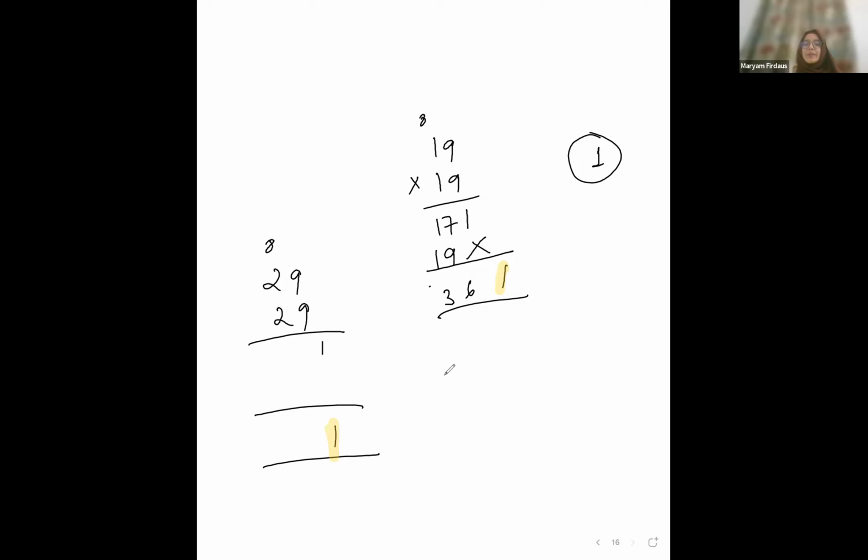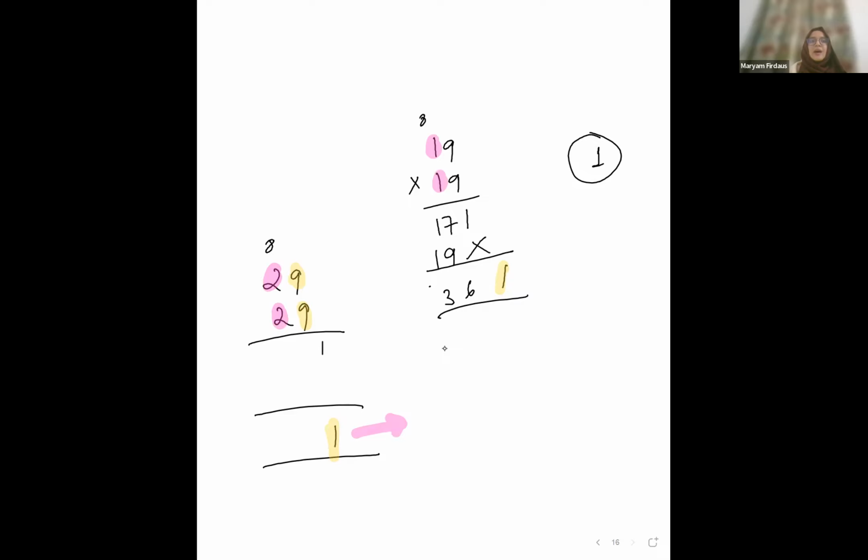Why is that happening, Hiba? Because 9 nines are 81. What is the last digit in 81? 1. So no matter what the tens digit is, 9 nines are 81, so this last digit is always going to be 1.